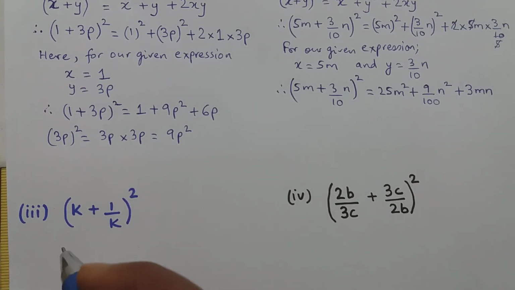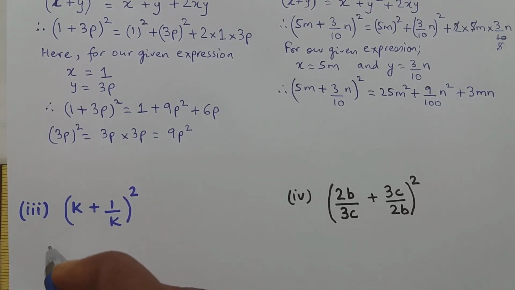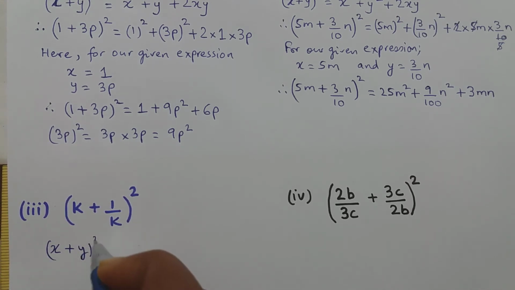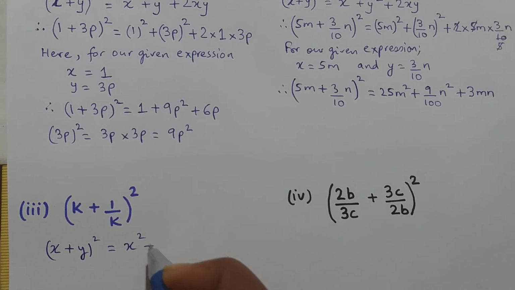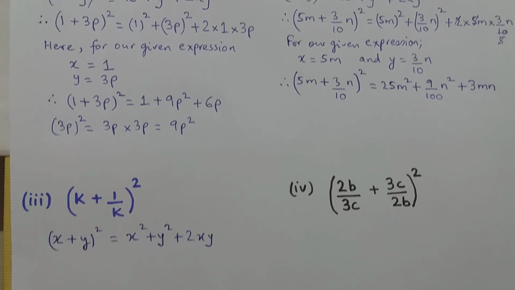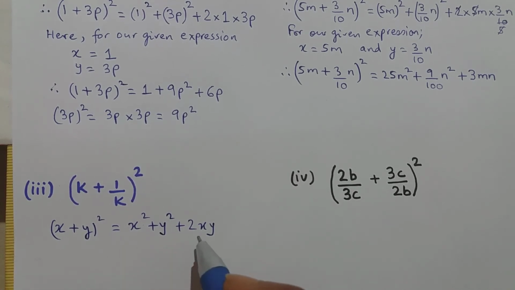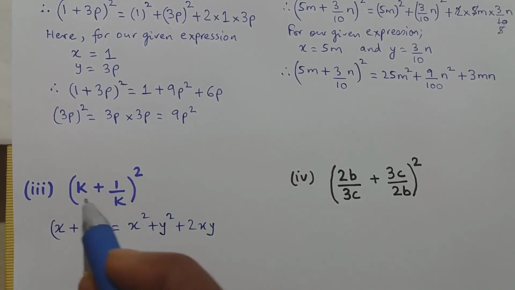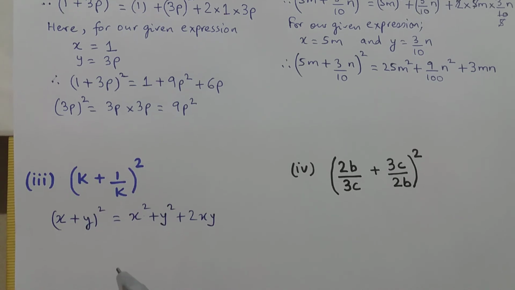The algebraic identity that I am going to use is (x plus y) whole square is equal to x square plus y square plus 2xy.